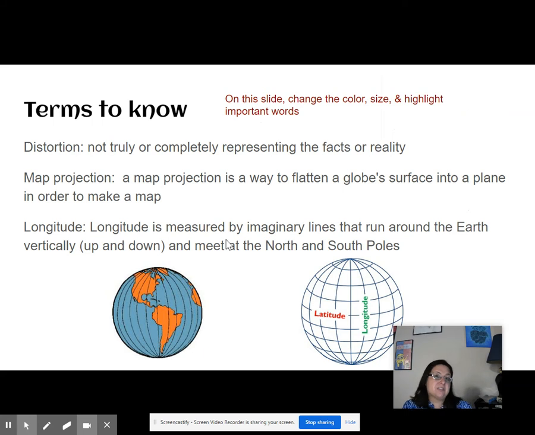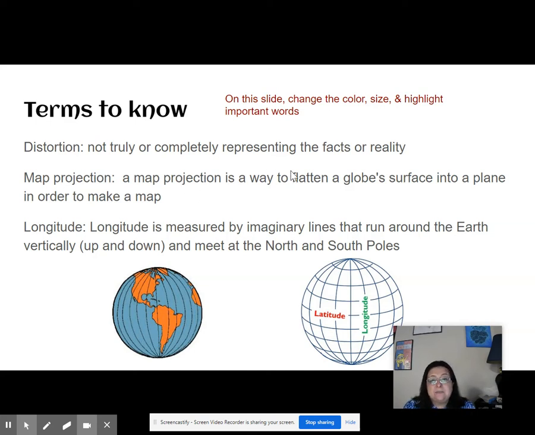We've been using the word distortion a lot with the pandemic and talking about numbers. People are accused of distorting the numbers and making the numbers look a certain way. When we are looking at distortion, we're saying that it's not entirely accurate, and that there are parts of it that are going to be stretched in order to fulfill your goals.